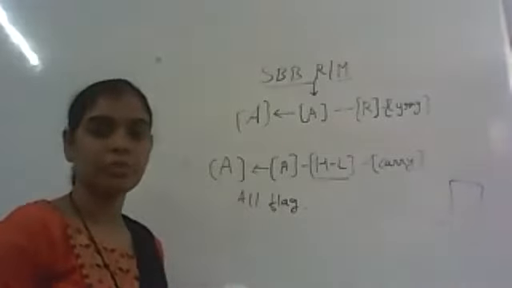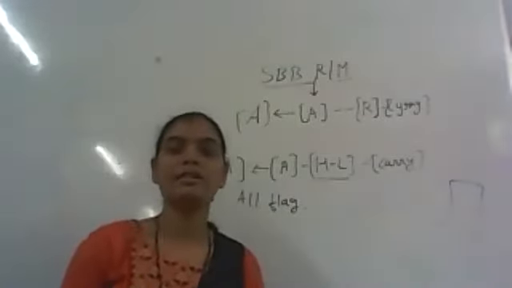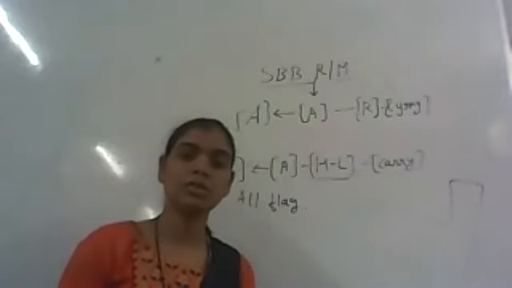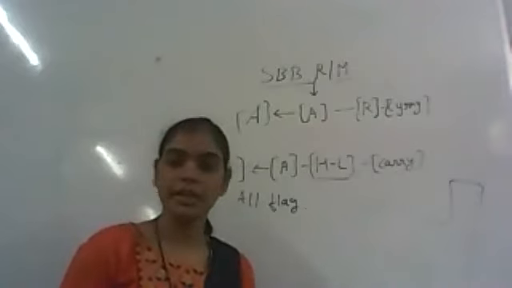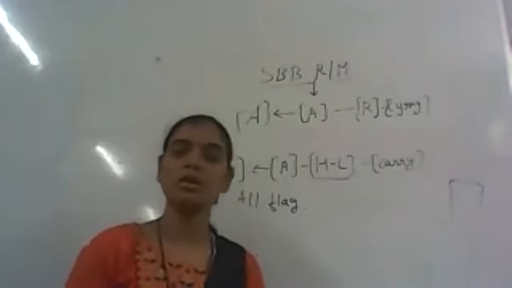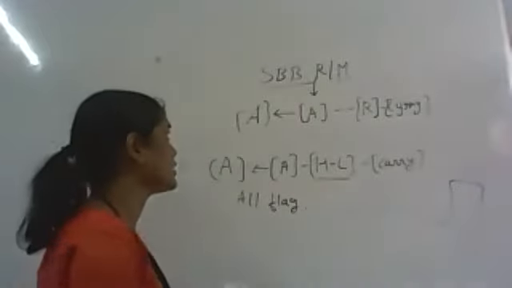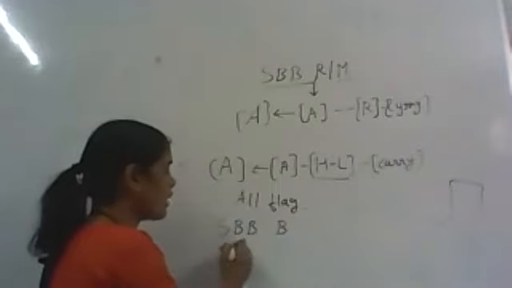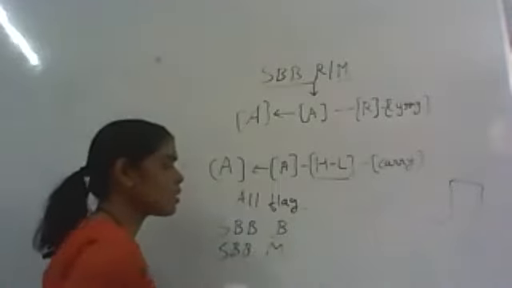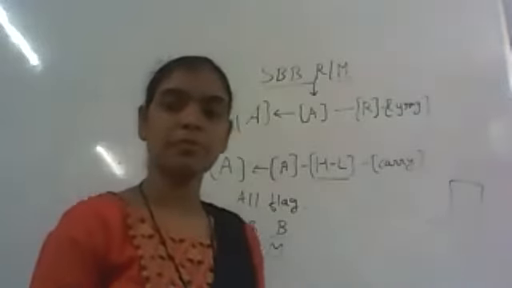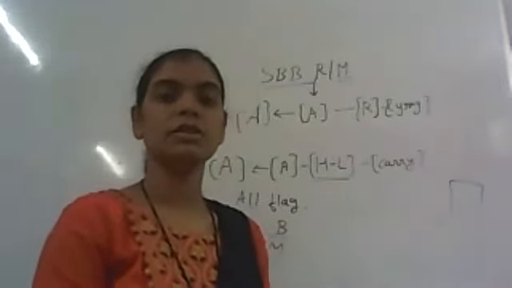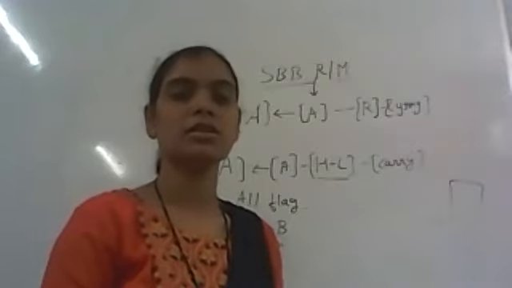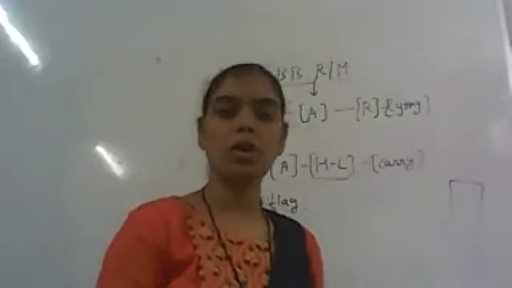So all flags linked with the subtraction operation are updated with the result of the operation performed. See the examples SBB B or SBB M, using a register or memory. Okay. Now see the next instruction, that is SUI.